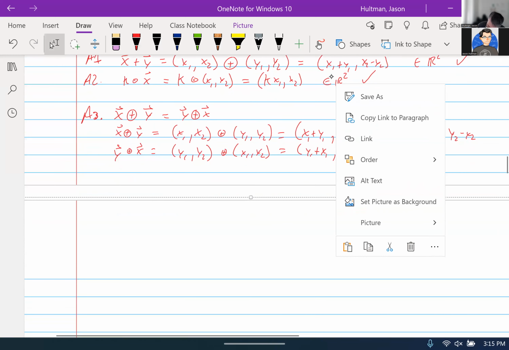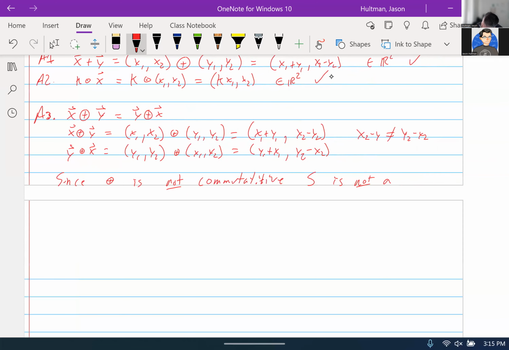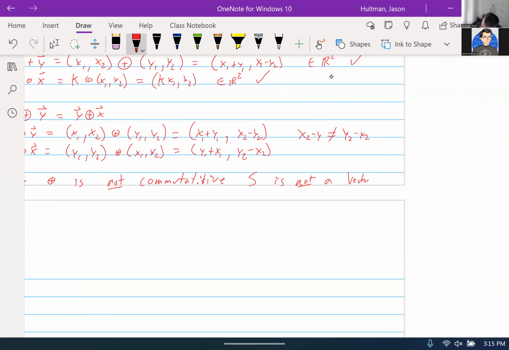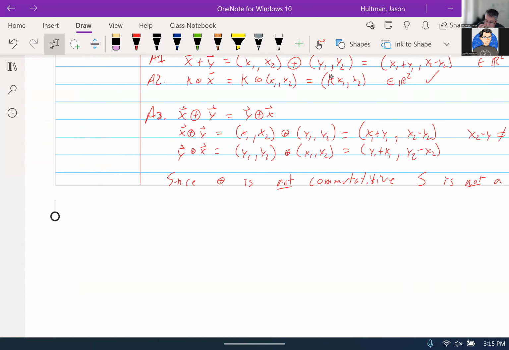Since the addition is not commutative, S is not a vector space. Okay, and that's 4.2, and I'll see you in the next section.